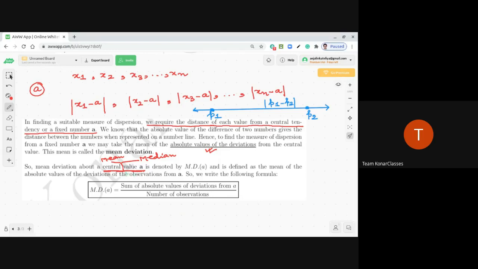The mean deviation about a central value A is denoted by MDA and is defined as the mean of the absolute values of the deviations of the observations from A, that is, the sum of absolute values of deviations of observations from A divided by the number of observations.